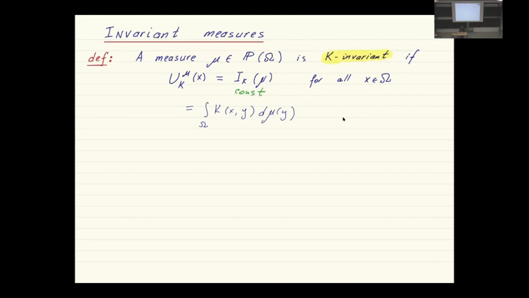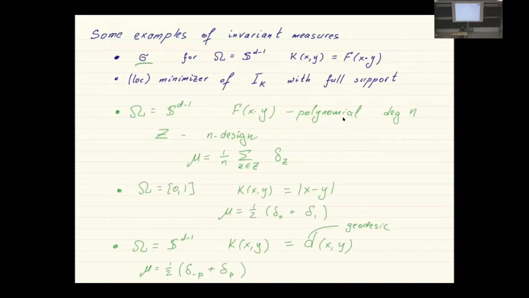So these measures are called K invariant, and one of the most important examples for us today will be sigma, the normalized uniform surface measure on the sphere, if your kernel is rotationally invariant, if it depends just on the relative position of the two points.